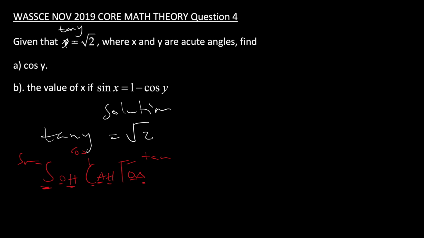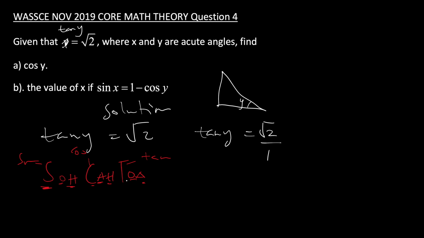So if I draw a right angle triangle, this is our theta. Per the question, this would be our y. We are saying that tan y is equal to the square root of 2 over 1.